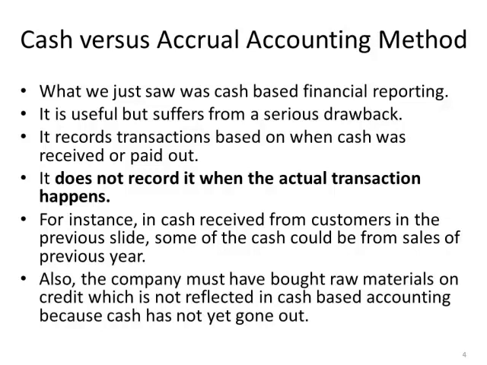Now another such situation where this might arise, the company could have bought raw materials on credit. This is not reflected in the cash-based accounting because the cash has not gone out yet. So imagine as part of the company's operations you had to buy raw materials, and you've bought the raw materials on credit but you haven't paid for them yet. Okay, so you're due to pay for them next year.